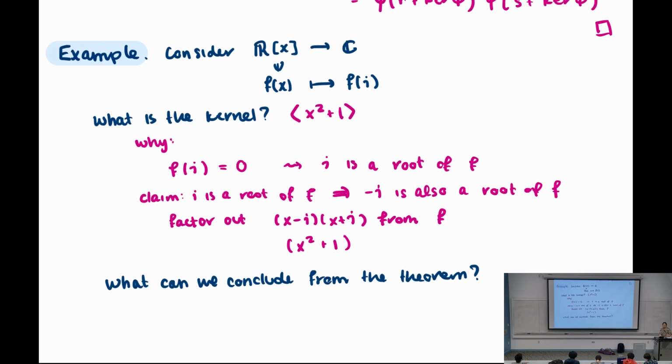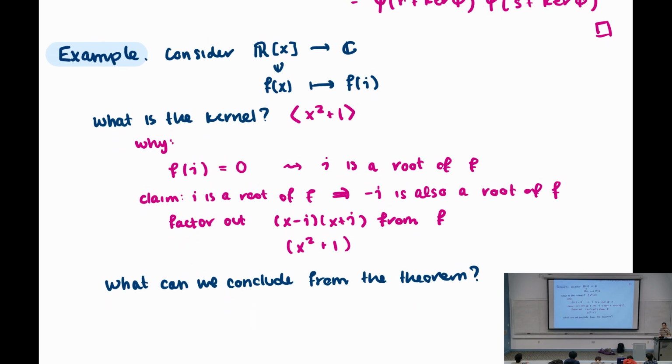Okay, so then what do we conclude from the theorem? We computed the kernel to be this ideal generated by x squared plus 1. So that tells us that R[x] mod x squared plus 1 is isomorphic to the image of this map, which will be all complex numbers, right?